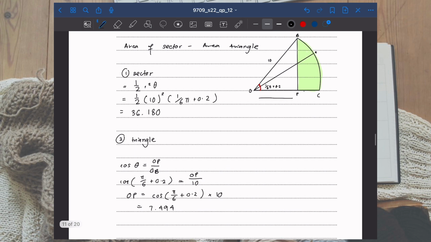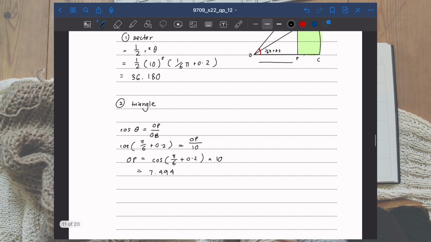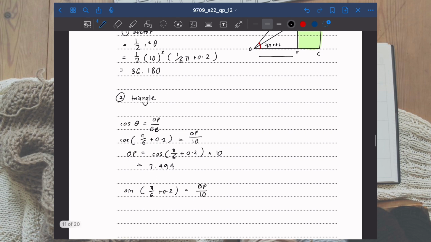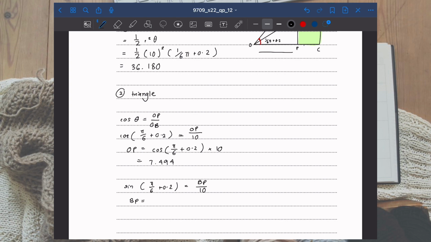Then we can find our BP by using the sine rule. So sine of (pi over 6 plus 0.2) equals BP over 10. So BP is 6.6209.